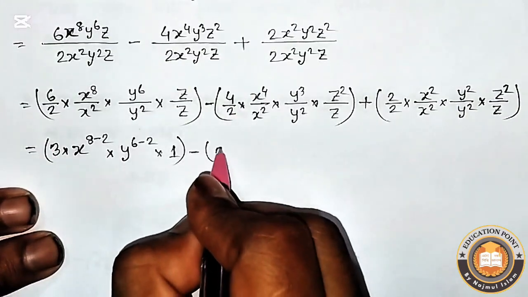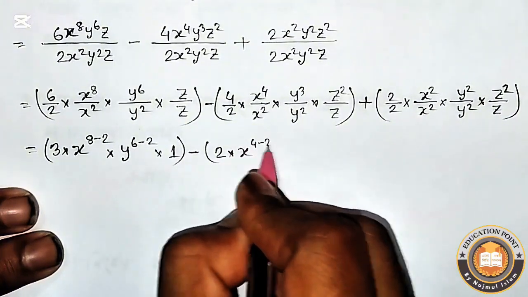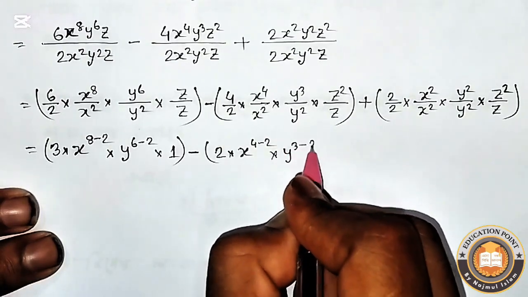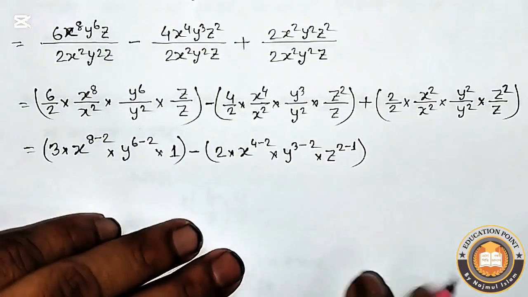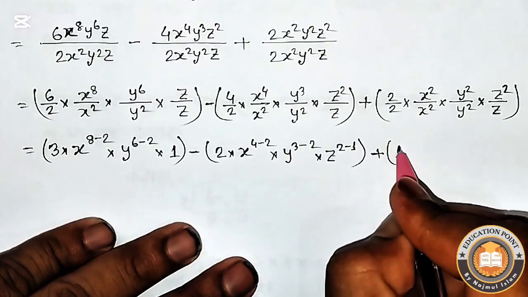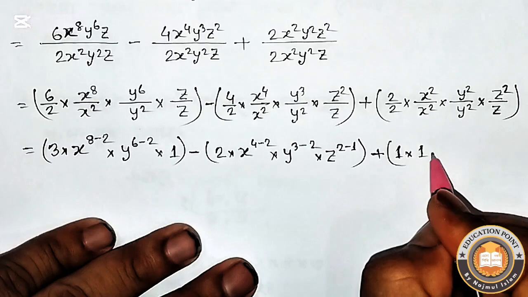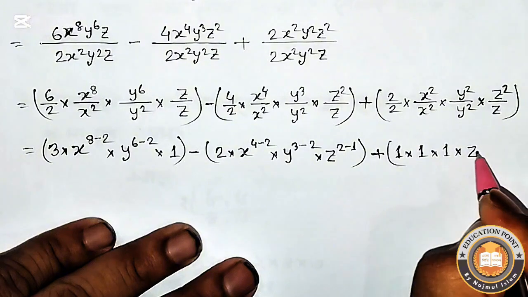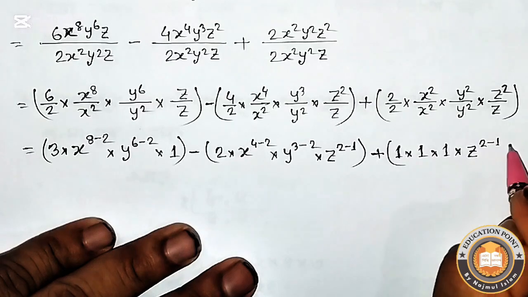Minus 4 divided by 2 equals 2, into similar base x, their power will be subtracted, into similar base y, their power will be subtracted, into similar base z, their power will be subtracted. 2 divided by 2 equals 1, into x square divided by x square equals 1, into y square divided by y square equals 1, into similar base z, their power 2 minus 1.